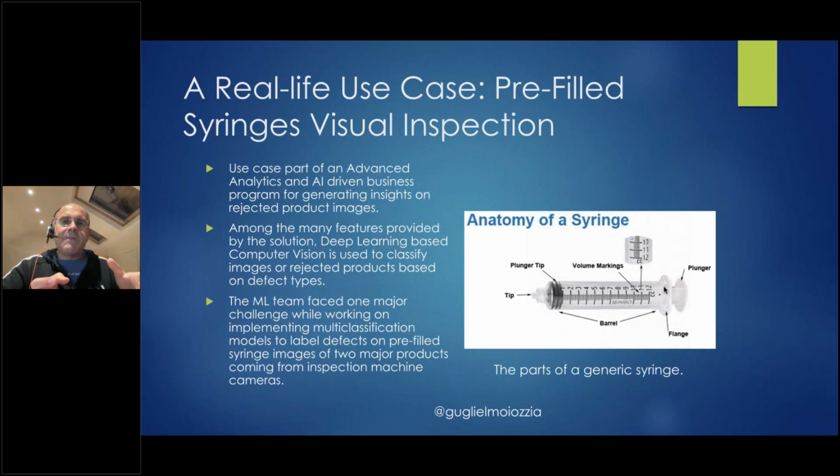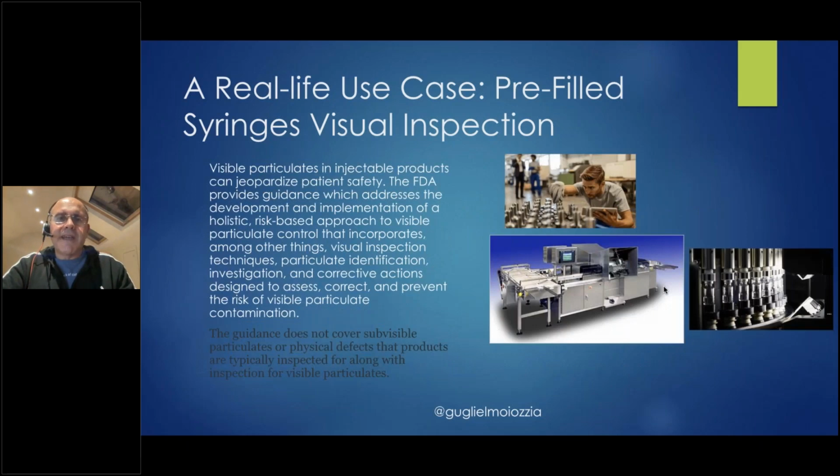But basically, the aim was to inspect different products that could be shipped within syringes or vials or other containers in the next releases, and provide some insight to the investigators to understand how to reduce the rejection rate, in particular the false positives.